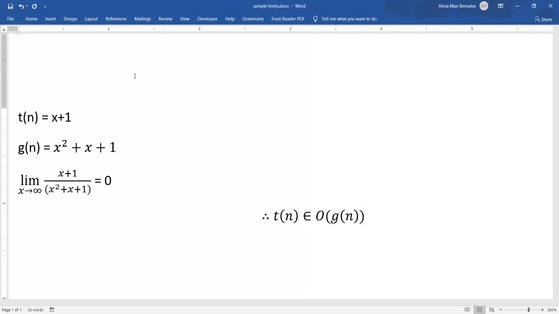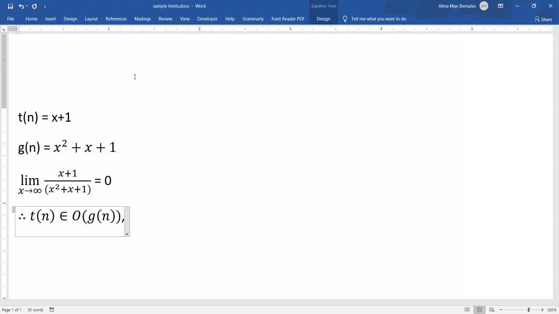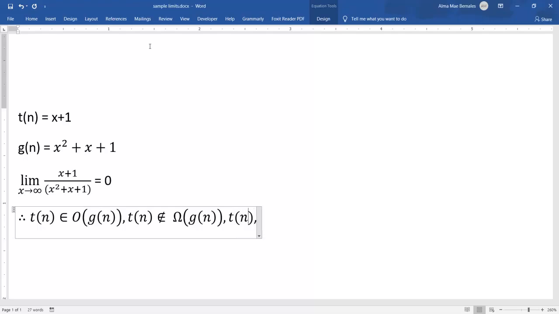Whereas T of N is not an element of omega of G of N, and also T of N is not an element of theta of G of N. Okay, so I hope this is clear to you.